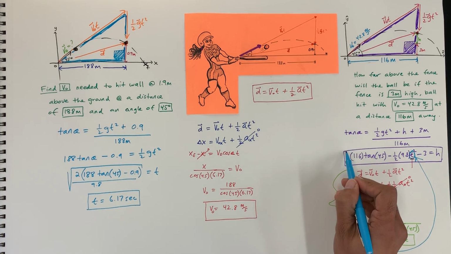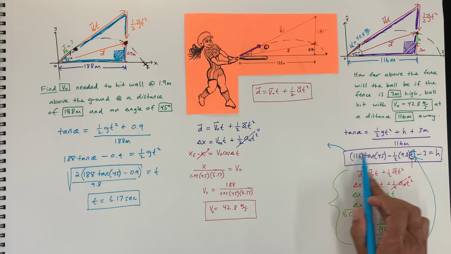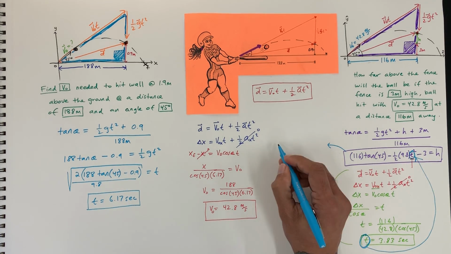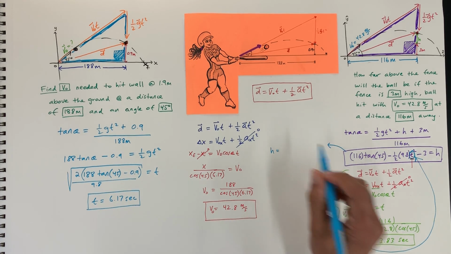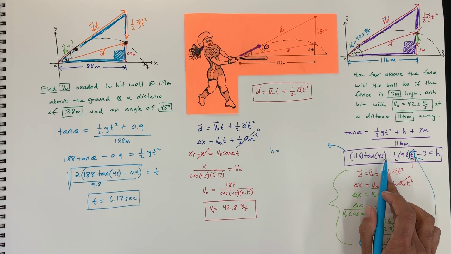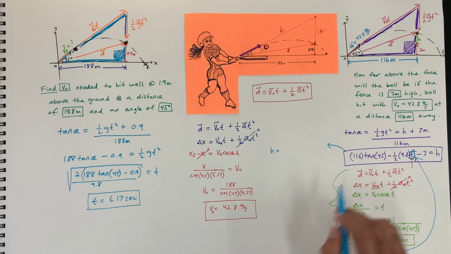Let's move everything over to here. So I'm gonna rewrite this. We got h is equal to 116, tangent of 45 is 1. So to save some space, I'm just gonna not write that.